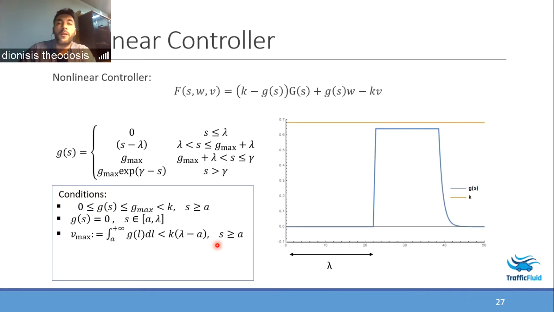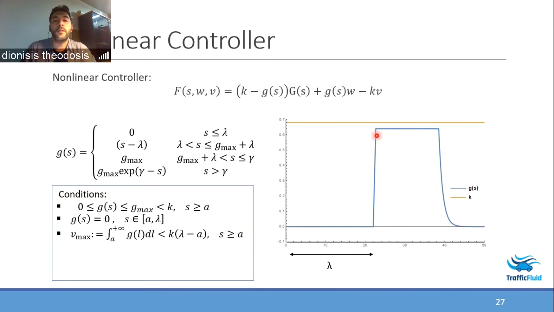So we saw we have a controller, but how do we design this function g? One very simple design is the following. We have the function g here. We have lambda to be the minimum braking distance. So we take this function to be 0, as desired by the theorem, for this length lambda.